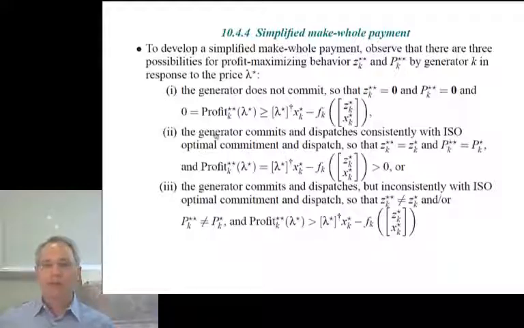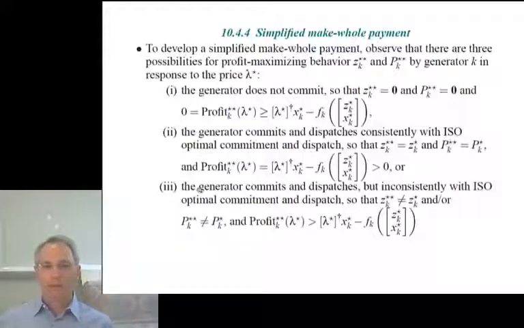The second alternative is that the generator is happy to commit and dispatch consistently with optimal commitment and dispatch. In other words, ZK double star is equal to ZK star, PK double star is equal to PK star. And in that case, the profit maximizing solution is the same as the profit under the ISO commitment and dispatch.